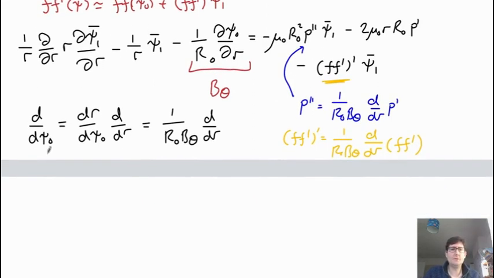So now we're going to multiply all terms by b theta times r, so multiplied by r times b theta here. So we can just write down what this becomes.